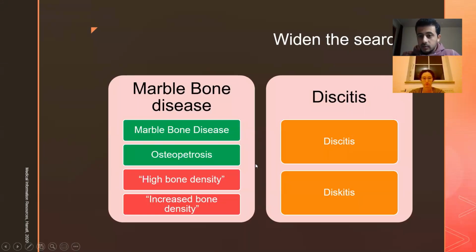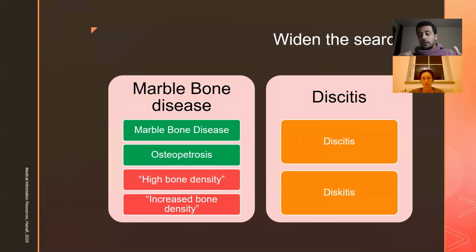First option is to search discitis, but not as a mesh term. Search it in the whole text. Okay, so wherever it comes, tell me about discitis, because it is a secondary search, but the first search, marble bone disease, I need it as a mesh term.